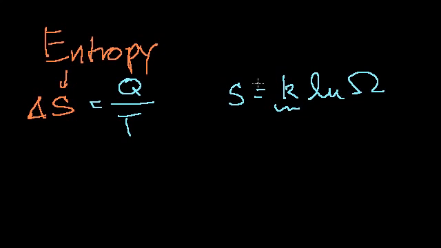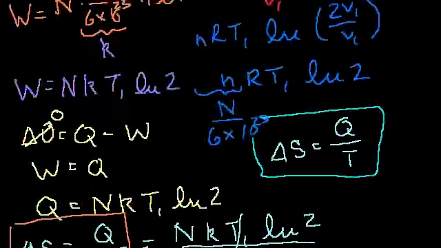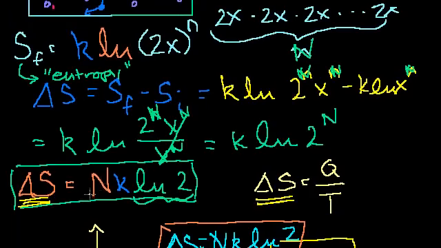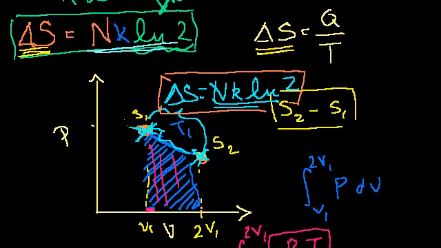And what we just showed in this video is that these are equivalent definitions, at least for that one case I just showed you. When we used the number of states, we got this result. And when we used the thermodynamic definition, we got that same result. If we assume that this constant is the same as that constant, if they're both Boltzmann's constant, 1.3 times 10 to the minus 23, then our definitions are equivalent.